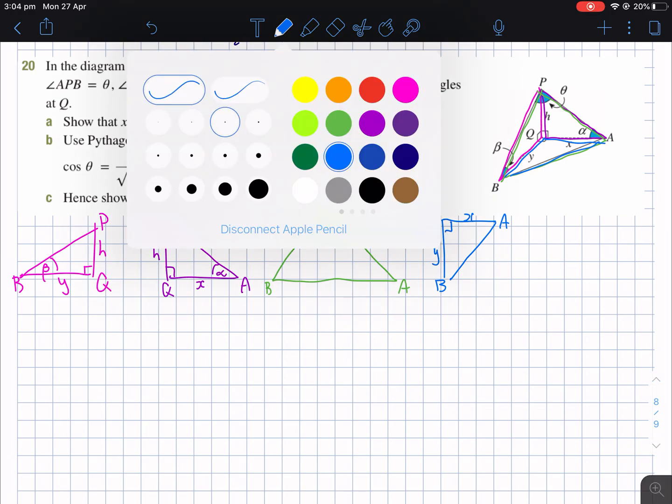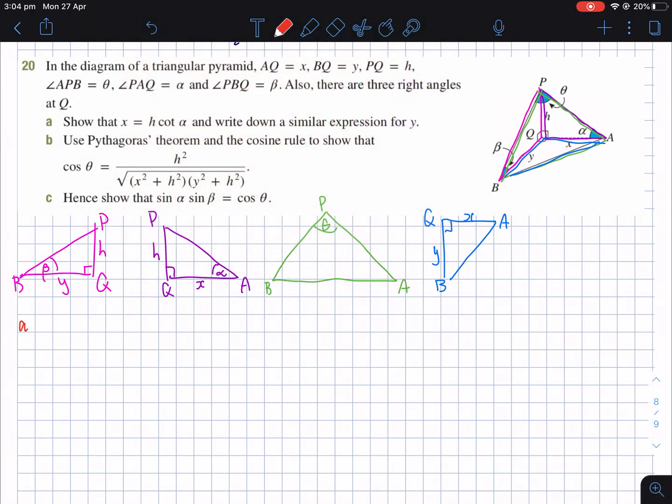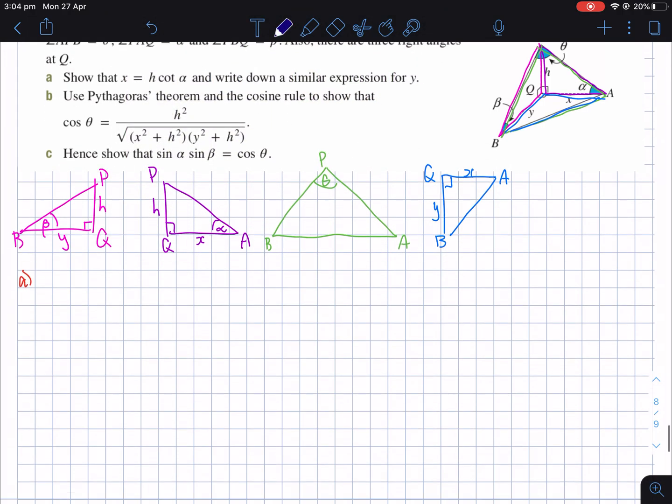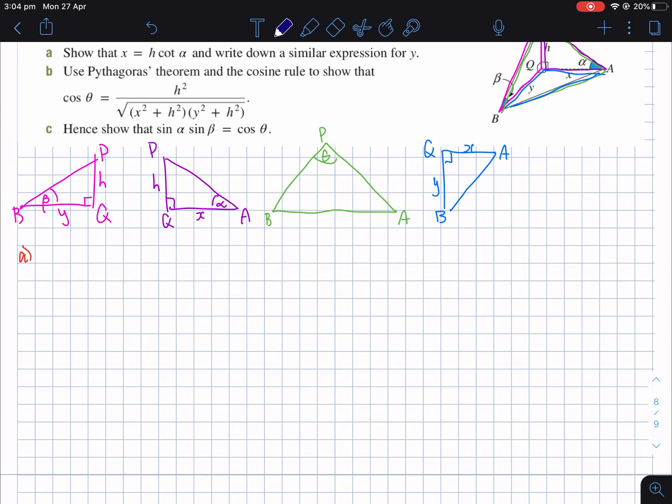Okay. So for question A, if we want an expression for X, we look at our purple triangle. We know tan alpha equals H on X, which means cot alpha equals X on H, which means X equals H cot alpha.